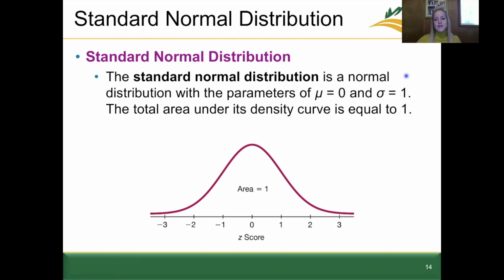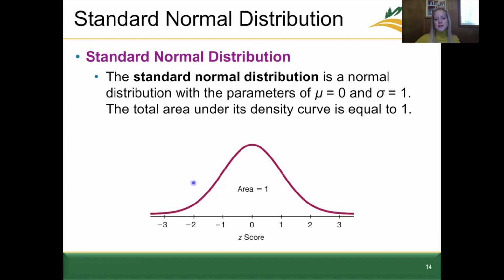If you went back and refreshed yourself, you'd see that we had a mean and a standard deviation value other than 0 and 1, and we adjusted our value in order to get a z-score. Here, because we're talking about these distributions themselves, the mean is equal to 0 already, and the standard deviation is equal to 1. Importantly, the total area under this density curve is also equal to 1.